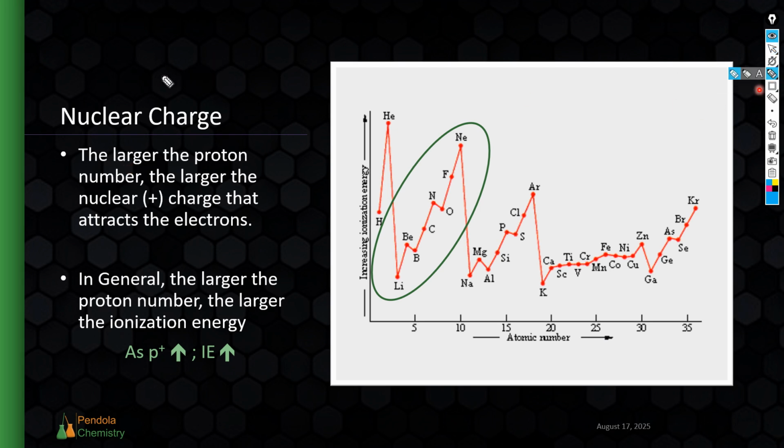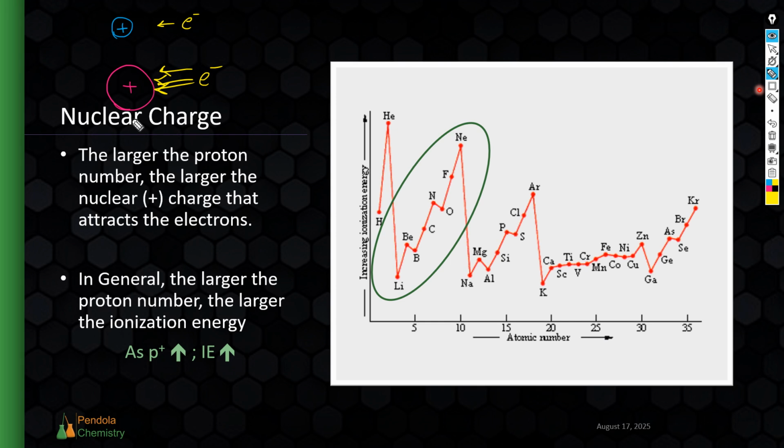So if we have a small positive charge versus a very large positive charge, electrons are going to have a much weaker attraction to the small positive charge than they will for the large one. Electrons are going to be very attracted to larger positive charges. And so what that essentially means is that the more protons an element has, the more the electrons are going to be attracted to the nucleus.